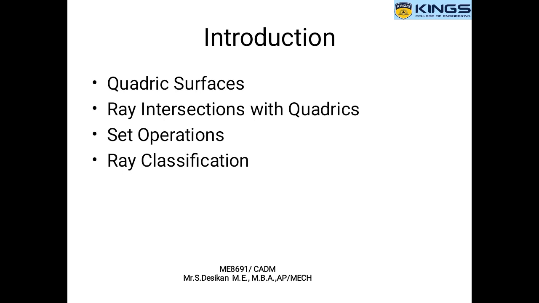First one is quadratic surfaces, and the second one is ray intersection with quadratics. Third one is set operations, that is, union, intersection, or difference. Likewise, we have set operations and ray classification. These are all the things we are going to see in CSG in the upcoming slides.